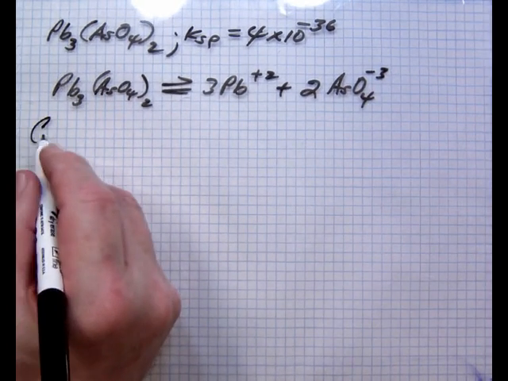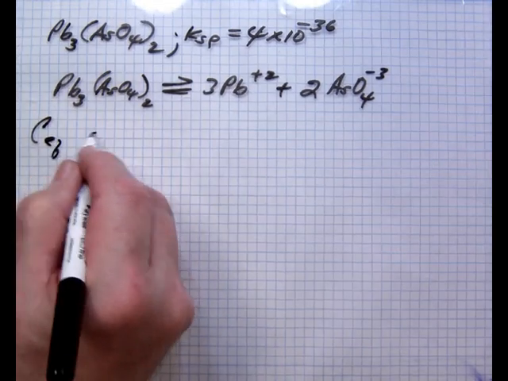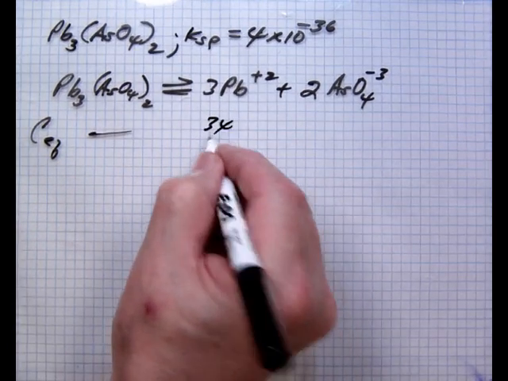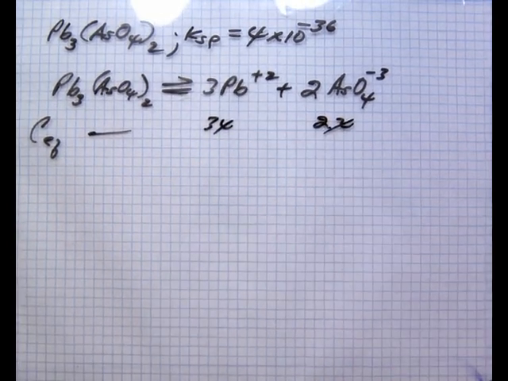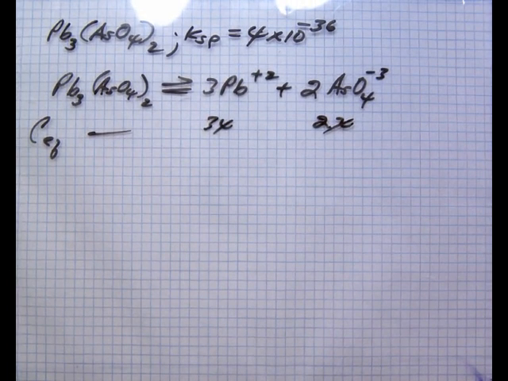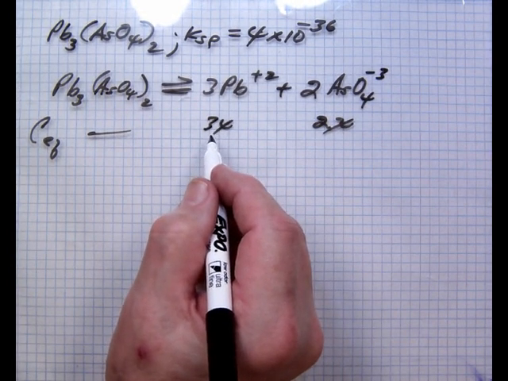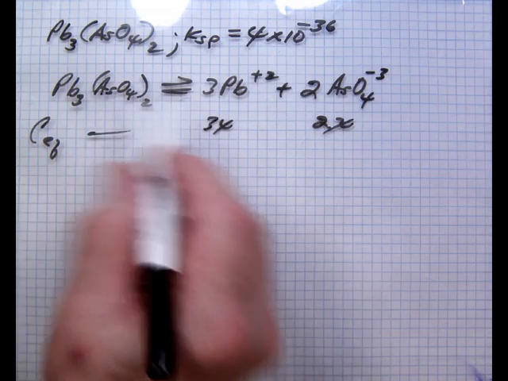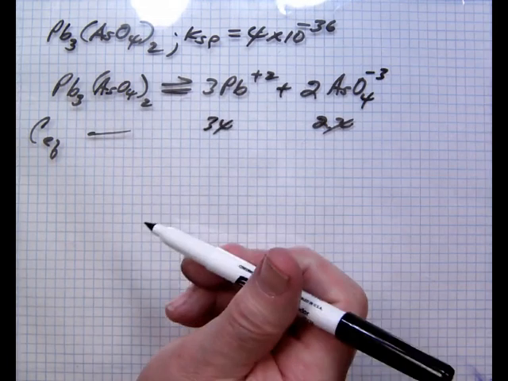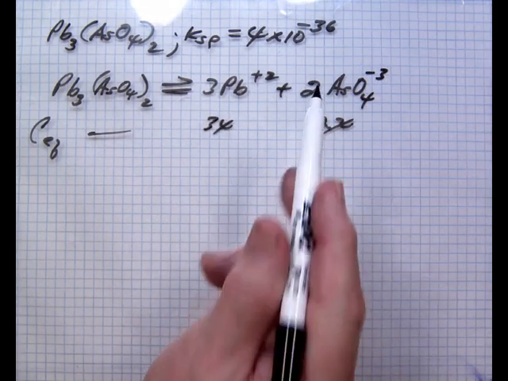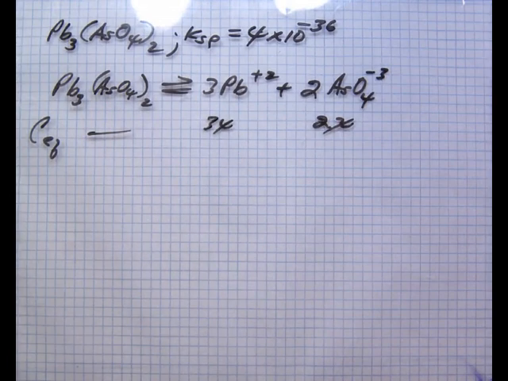The ionization at equilibrium is 3x and 2x. Now, in the calculation, when you solve for X here, X is the solubility. But you'll have to take the X number that you get, while it is the solubility of the lead arsenate, and triple it for the ions of lead and double it for the ions of arsenate.